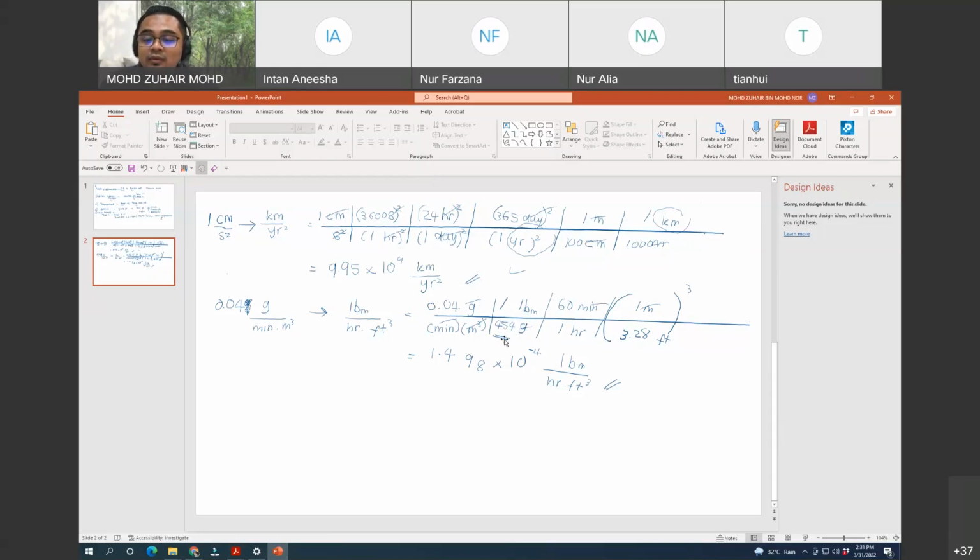If you calculate with 1 pound equals to 453.53 gram, the answer will be a bit different. But if I were to do the marking, I will also consider some tolerance, as long as the answer is not that far off. Maybe your answer will be 1.48 something or 1.47 something, but it's okay. If you want to go into detail, you can go as detailed as you want. Understand?